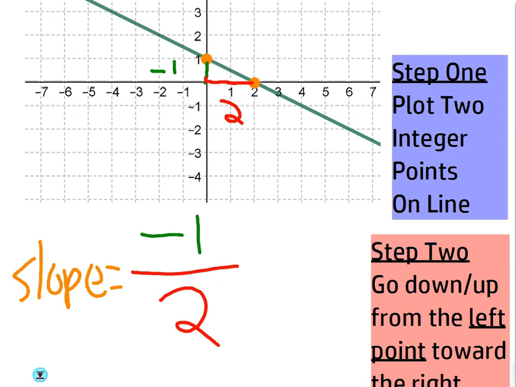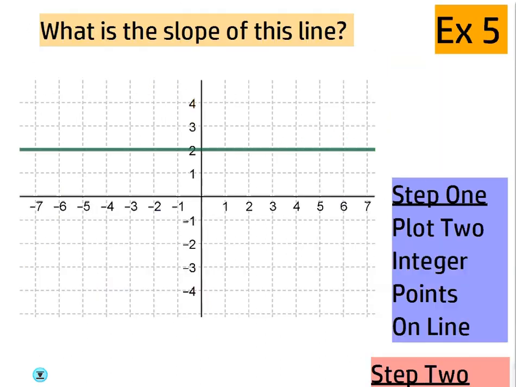The next two are actually the easiest examples, I think, since we've already kind of gone over it. We will use the steps here, but you don't need to. Yes, you already know it's 0, but we'll go ahead and just plot 2 points here, just for the sake of example. The point of this one is you don't have to go down at all or up to get to the next point.